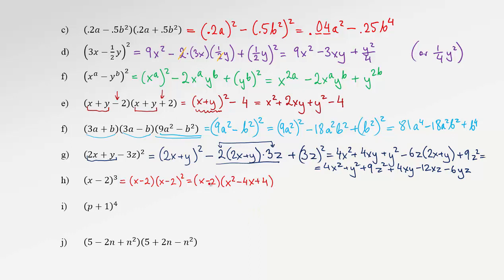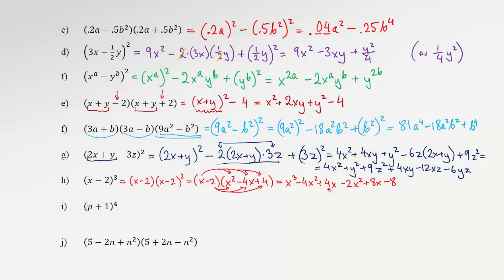Finally, this time we really need to FOIL. There's no other way. So x times everything what's in the second bracket, it will be x to the 3 minus 4x squared plus 4x. And then minus 2 times everything what's in the second bracket. So we have negative 2x squared, positive 8x, and negative 8.